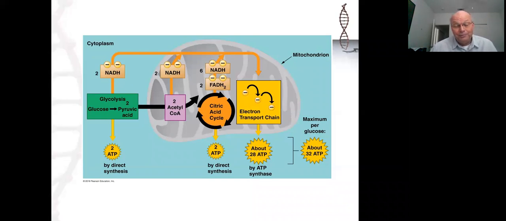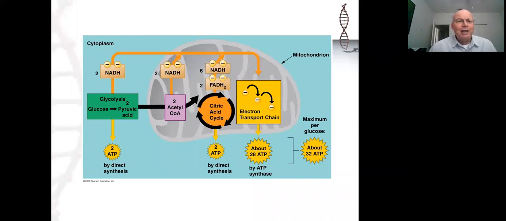It is, after all, also known as pyruvate oxidation. Once we get the acetyl group into the citric acid cycle, we extract a whole bunch more electrons, and we generate 6 NADHs and 2 FADH2s per glucose molecule.